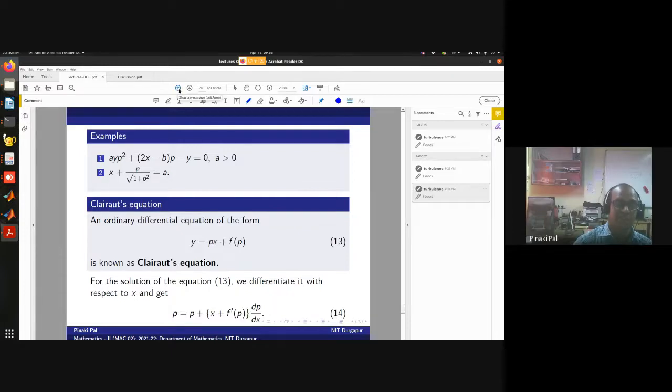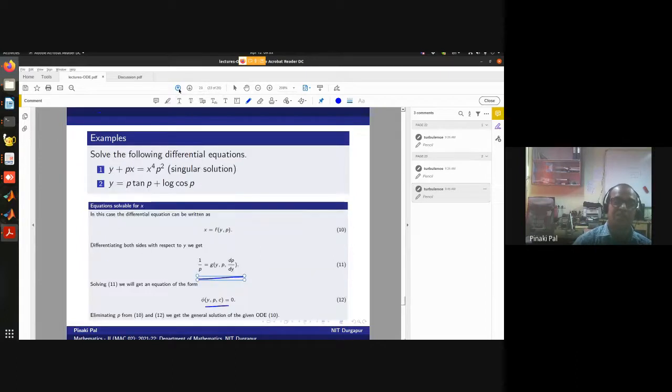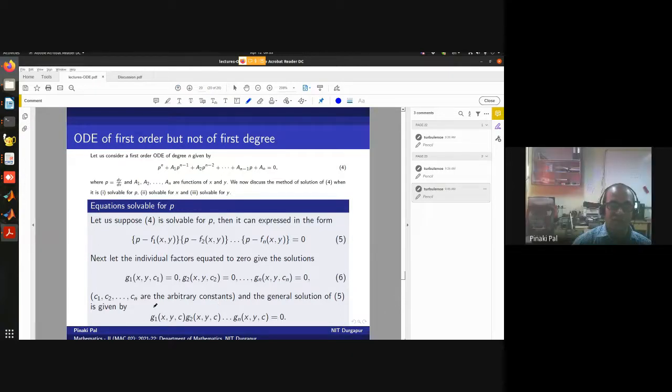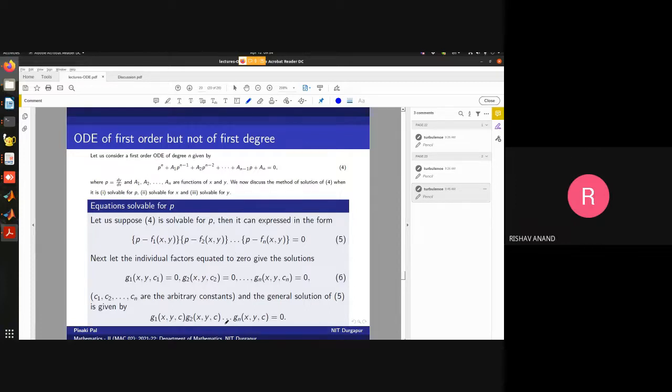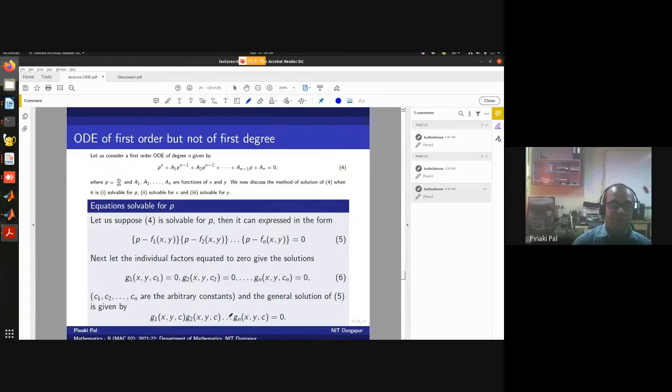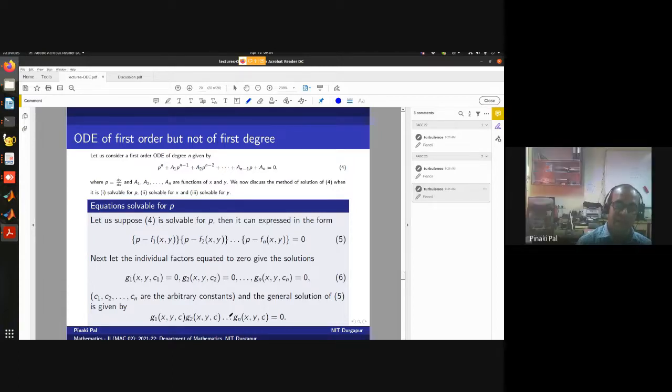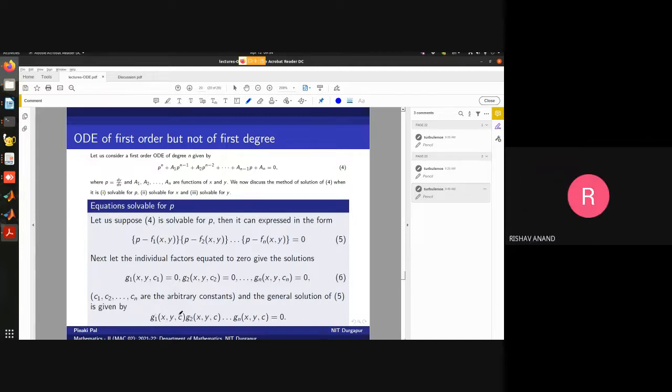As I explained in the first slide, if you consider a first order equation, there will be only one auxiliary constant. If we add them, then we will get more than one constant, so we take the solutions separately, and we get one constant.